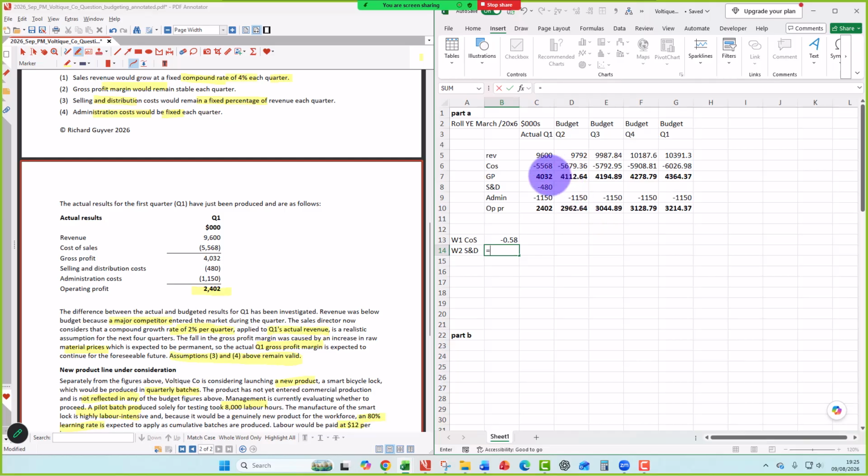So the selling and distribution was 480 divided by revenue, and that tells us it's 5%. And so I'm just going to do exactly like I did for the previous step. This is a fixed percentage of revenue. And then I'm going to use that dollar trick to lock the cell B14.